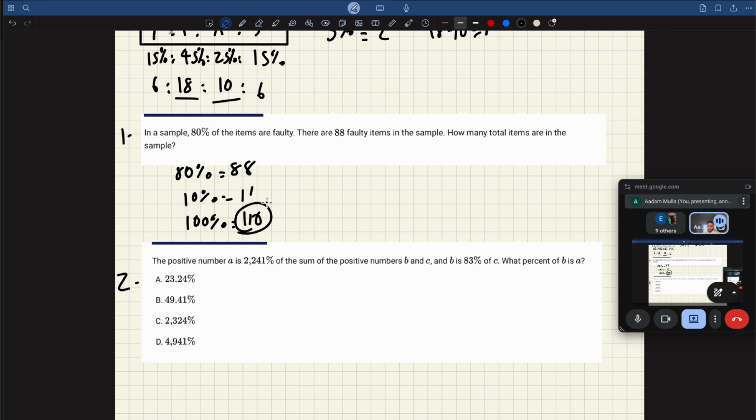Okay, so overall 110 original items in the sample. Where I did it slightly different, I could have just done 88 divided by 0.8, but you could just do this mental method as well. That also works. Question 2, like I said, try and make some expressions. I'll put them up in a second.